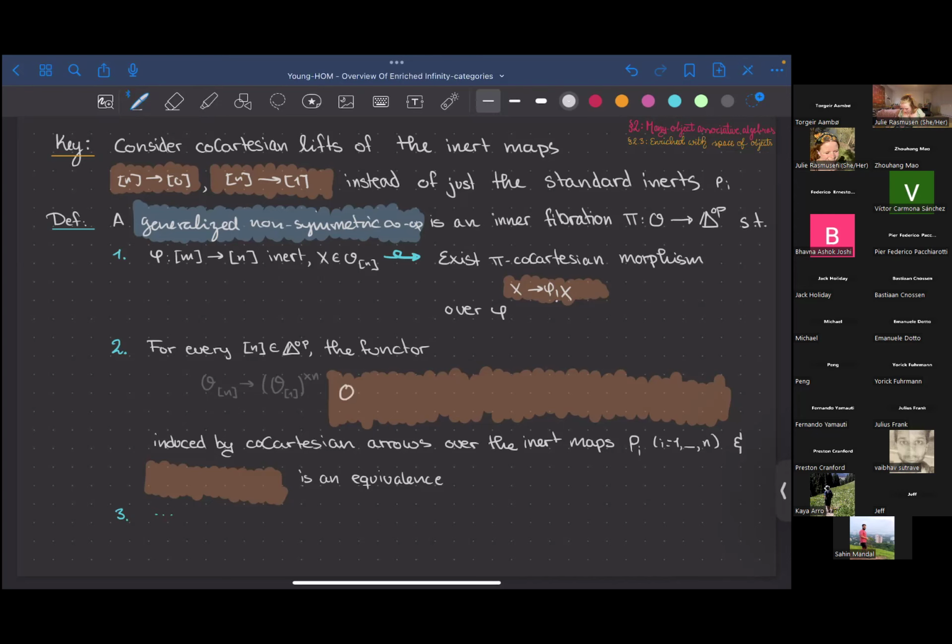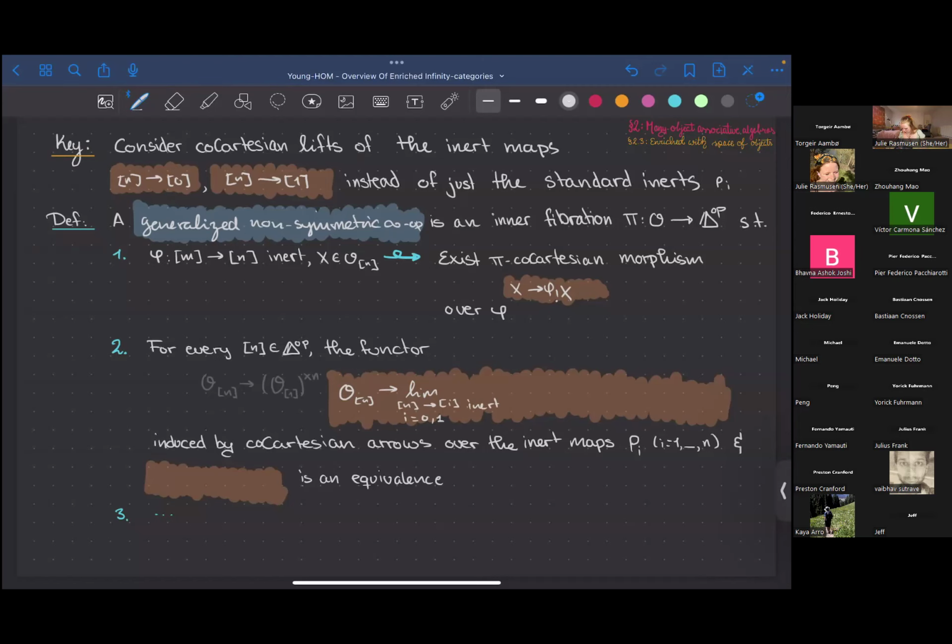Now what we consider is a map from O_N into the limit taken over the maps that go from N to I, where I is either 0 or 1, and these need to be inerts, and then taking O_I.